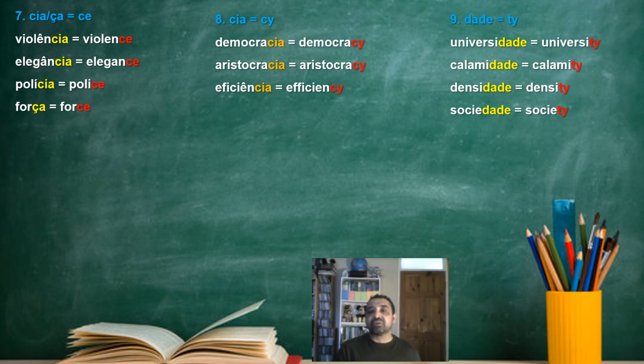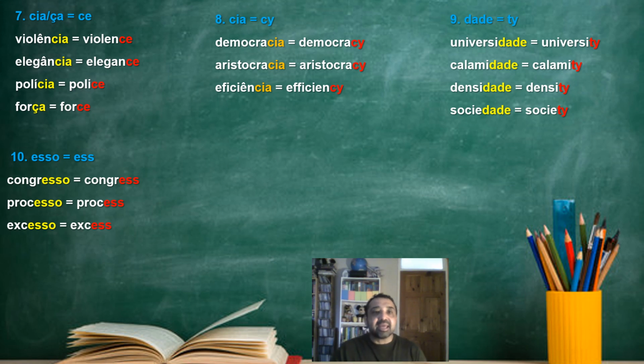So university, universidade, calamity, calamidade, density, densidade, society, sociedade. Number 10, "ss" becomes "sso" in Portuguese. So for example, congress, congresso, process, processo, excess, excesso.